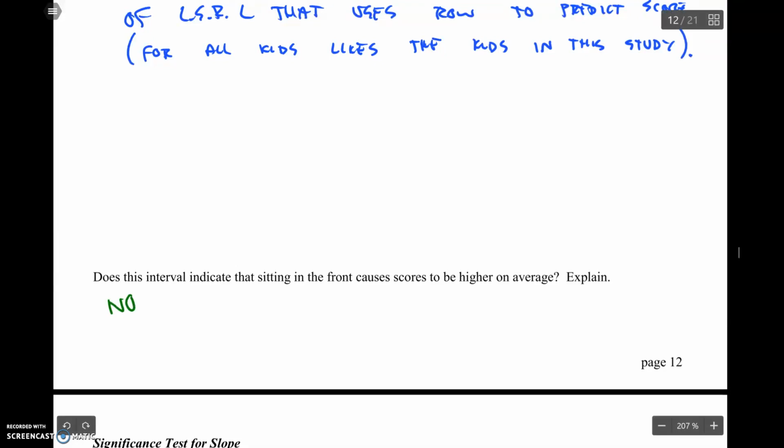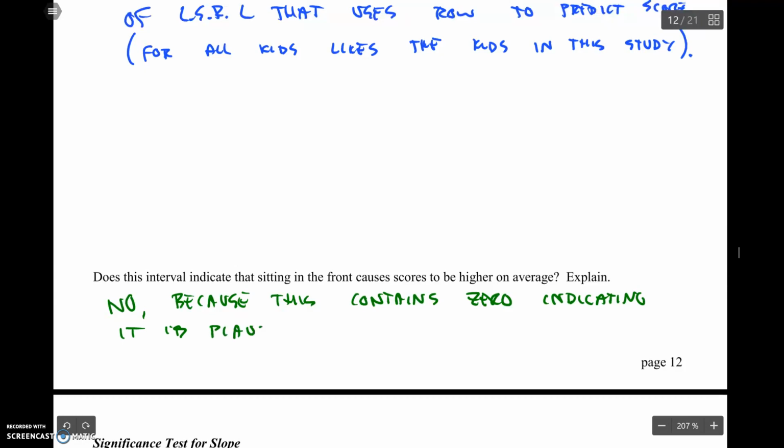So I'm going to say no, because this interval contains zero, indicating it is plausible that the true slope is zero, and therefore there is no relationship.